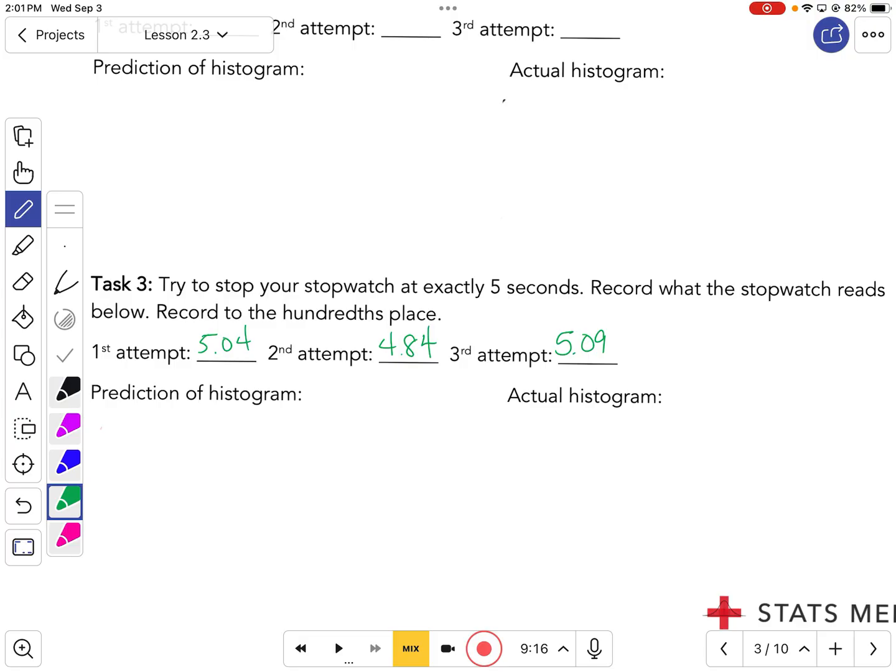What'd you do that time? 4.99. Okay, do it 3 times and write down your results, and we're going to talk about what we think it might look like.